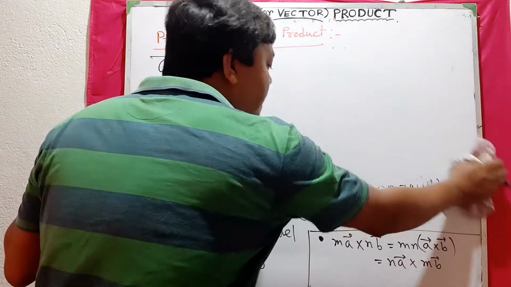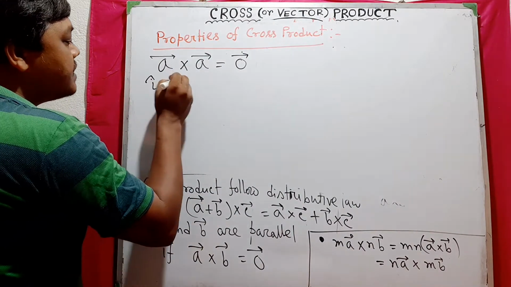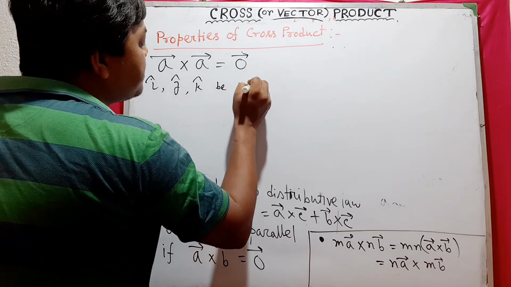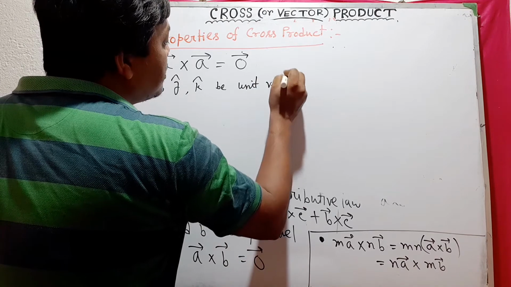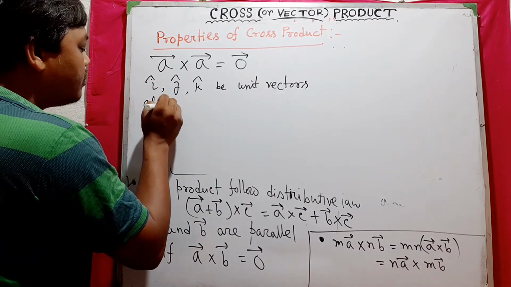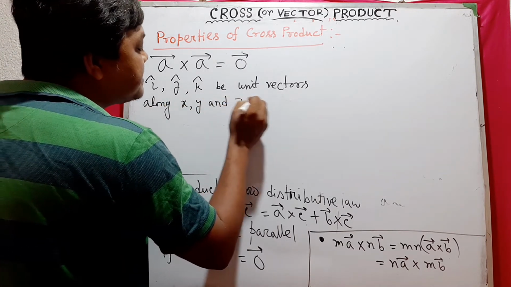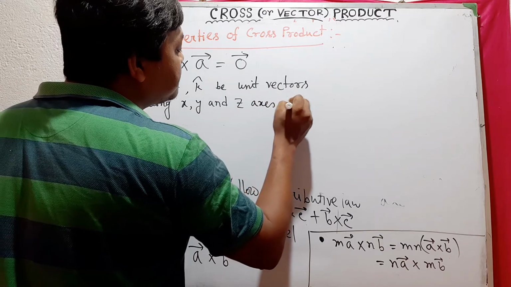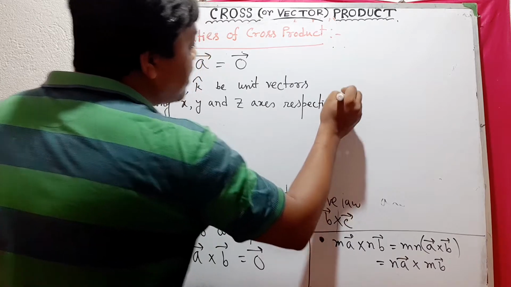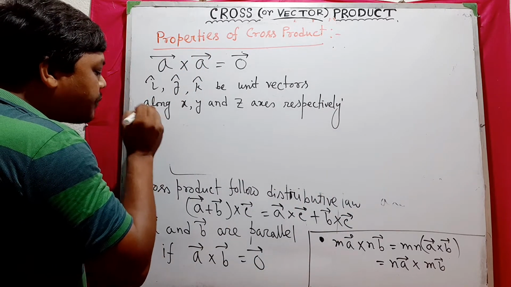Basically, the unit vectors we know, let i cap, j cap, k cap be unit vectors along the x, y and z axes respectively. This is well known to us. What is i cap cross i cap?